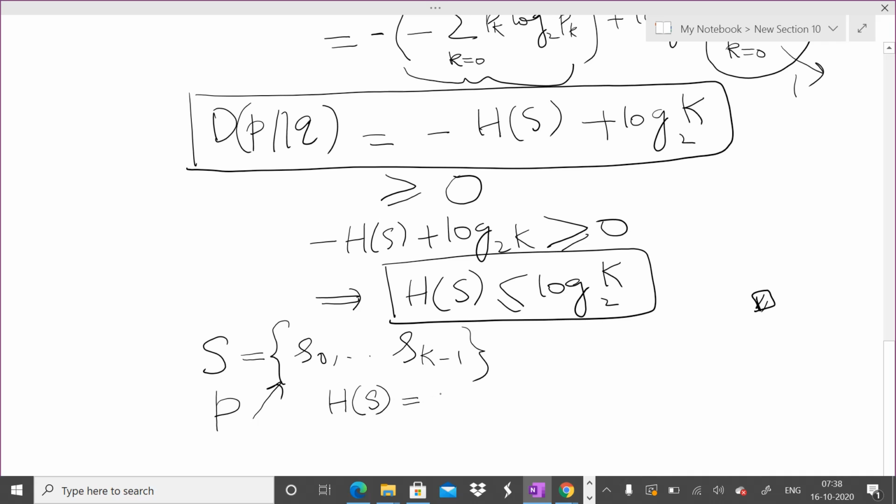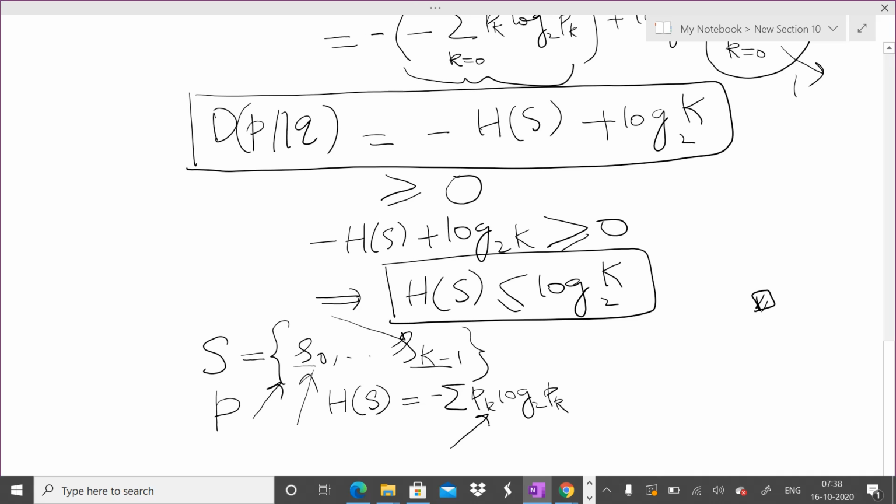I repeat, entropy is a function of probabilities only. It doesn't depend upon the values which this source takes. The actual values of S0 to Sk don't enter into the entropy. But the probability with which you pick S0, and the probability with which you pick Sk minus 1, is the only factor which enters here.